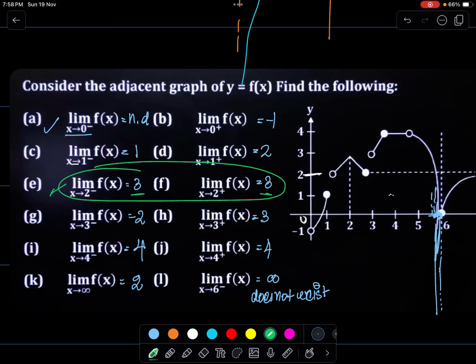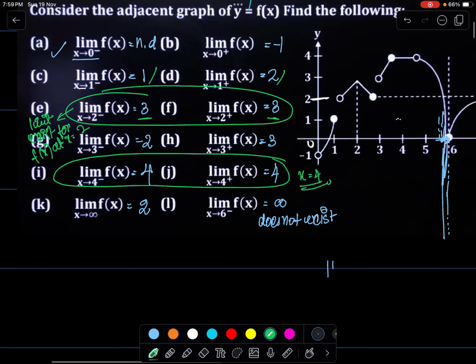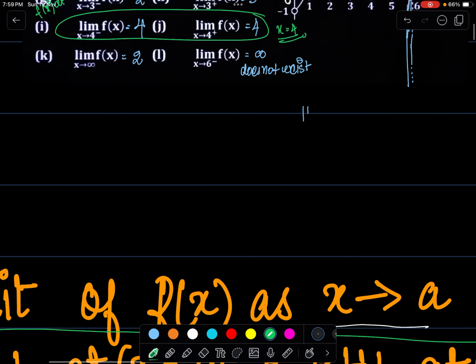So we can say that the limit exists for f of x at x equal to 2. Similarly, I can say the limit exists for x equal to 4 as well. But for the rest, you can see they are finite but they are not equal. So the limit will not exist for other points.